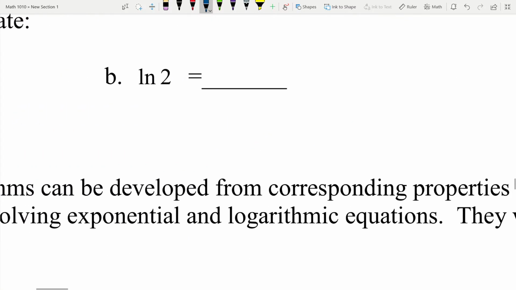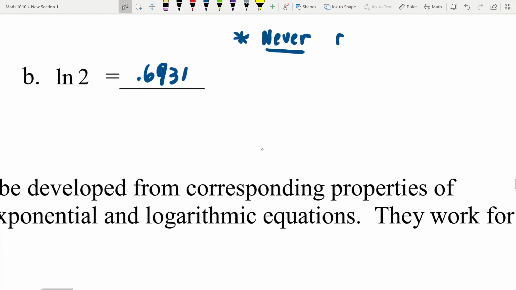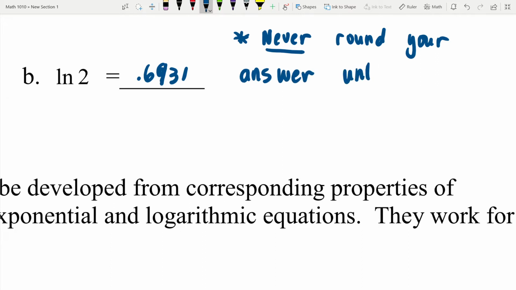Okay, let's do this one. Grab your calculator. ln 2, close it off. 4 digits, 0.6931, done. Okay, I want you to write something down. This is very important. Never, and I want you to underline never, never round your answer unless, what?